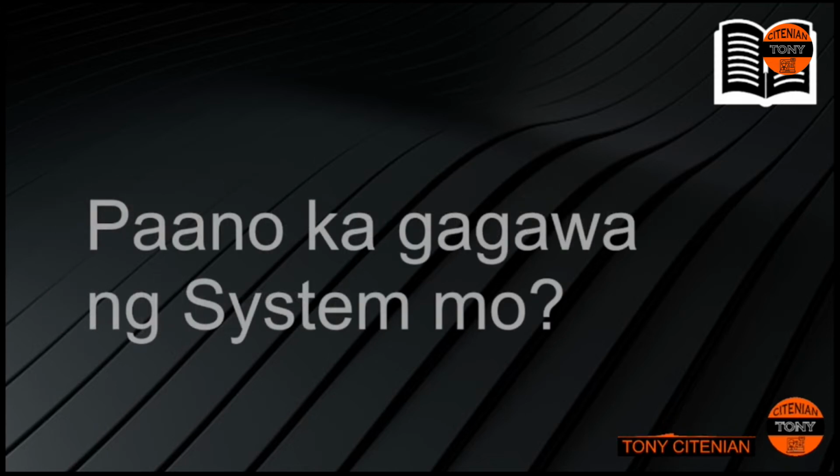Ngayon, paano ka gagawa ng system mo? Alright. So you plan it. First, you study and observe your surroundings, the culture, the economy, the current trends, the state policies, stocks, or etc. You don't type the code immediately without doing your feasibility study.